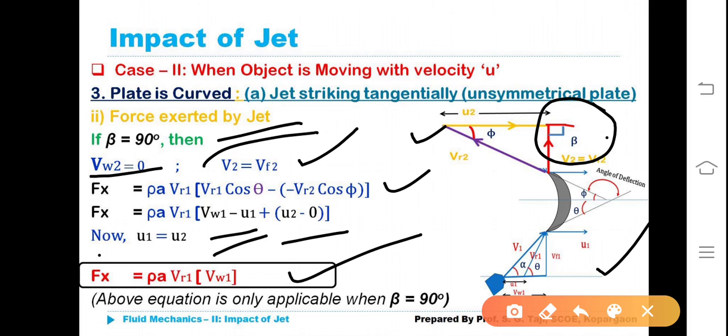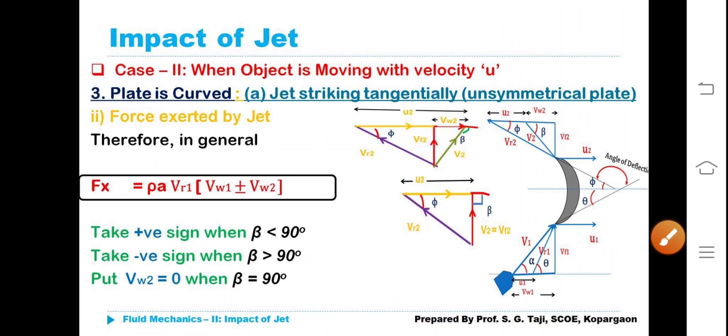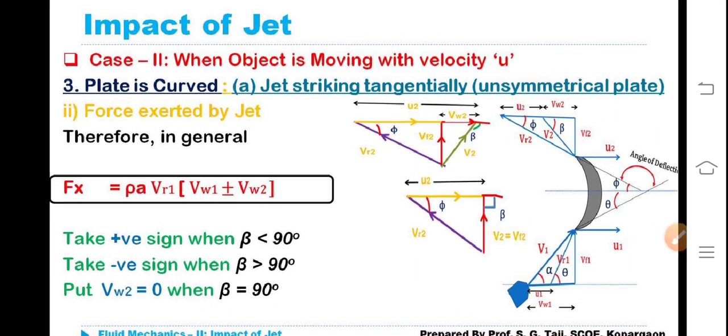Therefore, Fx is equal to rho A Vr1 whole multiplied by Vw1, because plate is smooth, u1 is equal to u2 and hence both of them will get cancelled in this above step. Above equation is only applicable when beta is equal to 90 degree, means it is a right angle. Okay, now we can conclude in general equation we can write as what?